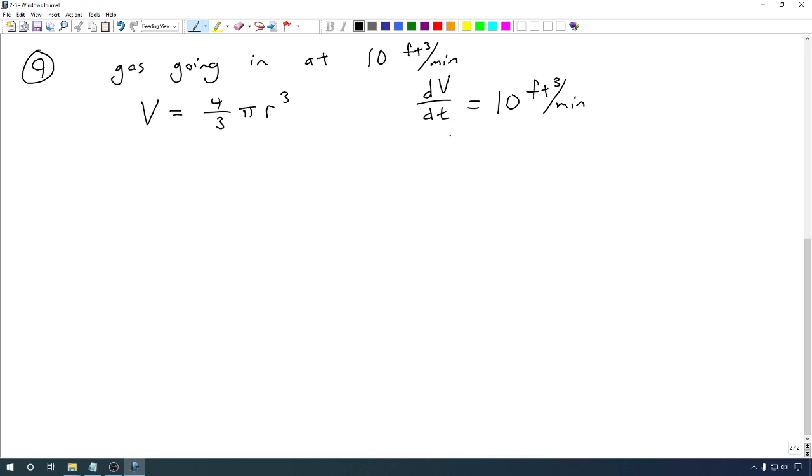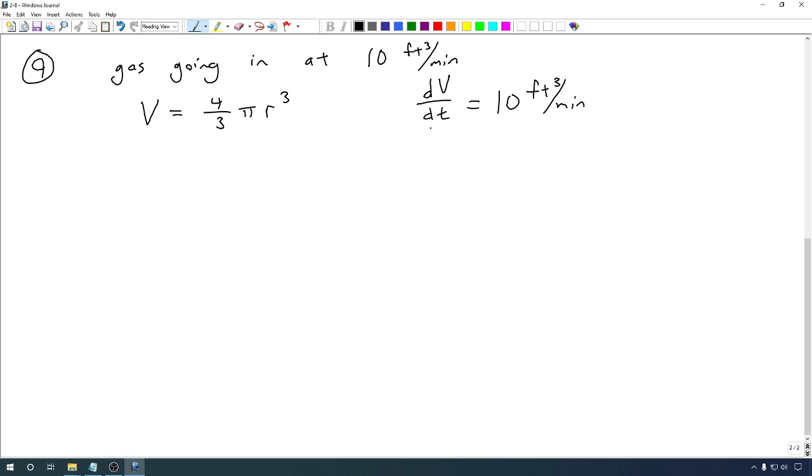Well, since the rate of change is a derivative, what we could try to do is differentiate this formula. Essentially do the implicit differentiation we did in the last section. But this time we have to keep in mind that V and r are not being treated as independent variables. We're not differentiating with respect to r.